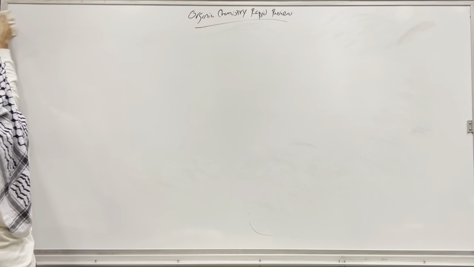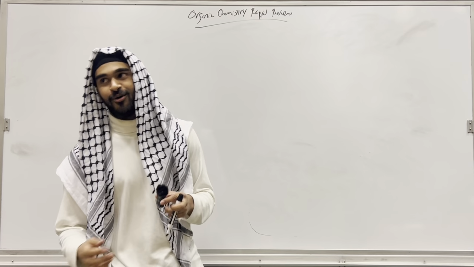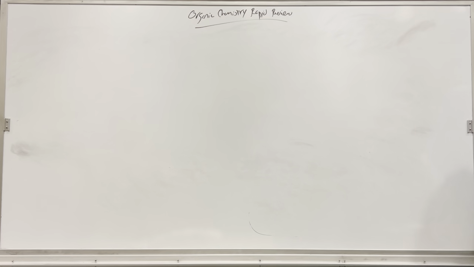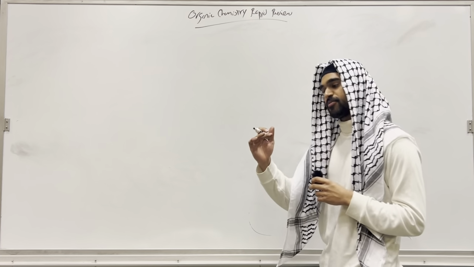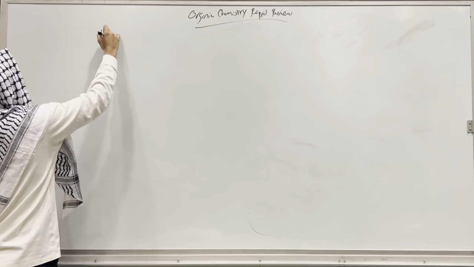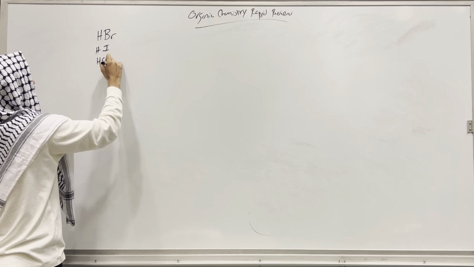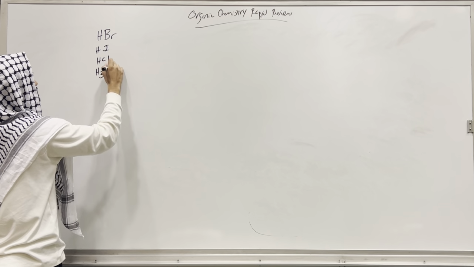Do I recommend you dedicate it to memory? Yes. Will you? No. But we'll do it anyways to take a look at the chemistry that's involved in certain specific parts of the pKa table. We start with HBr, HI, HCl, H3O+.